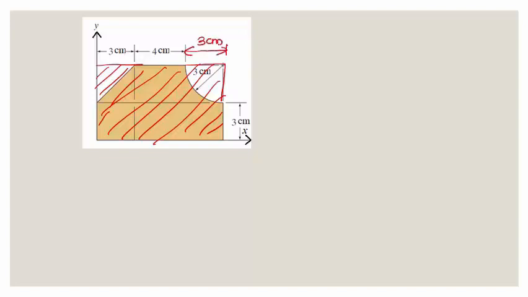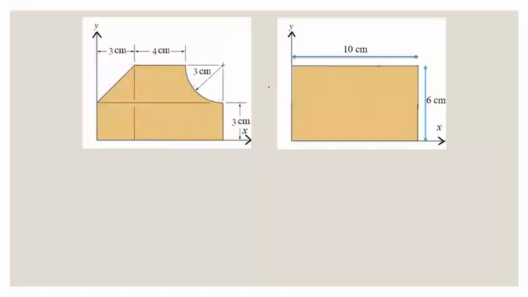So totally the length of the rectangle being considered is 3 plus 4 plus 3, that is 10 centimeter, and the width is 3 plus 3, 6 centimeter. So the first section we are going to consider is the entire rectangular section with length 10 centimeter and width 6 centimeter, from which we have to neglect the unhatched portions.